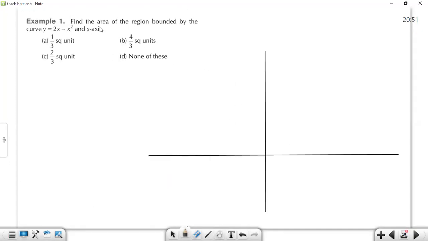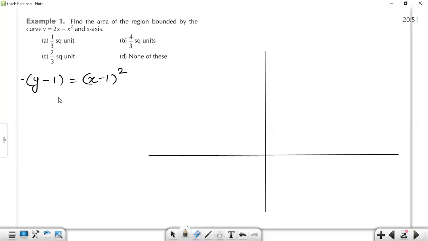So this is our graph, and now we have to find the area bounded by it. We have already simplified it in this version as x minus 1 whole square.